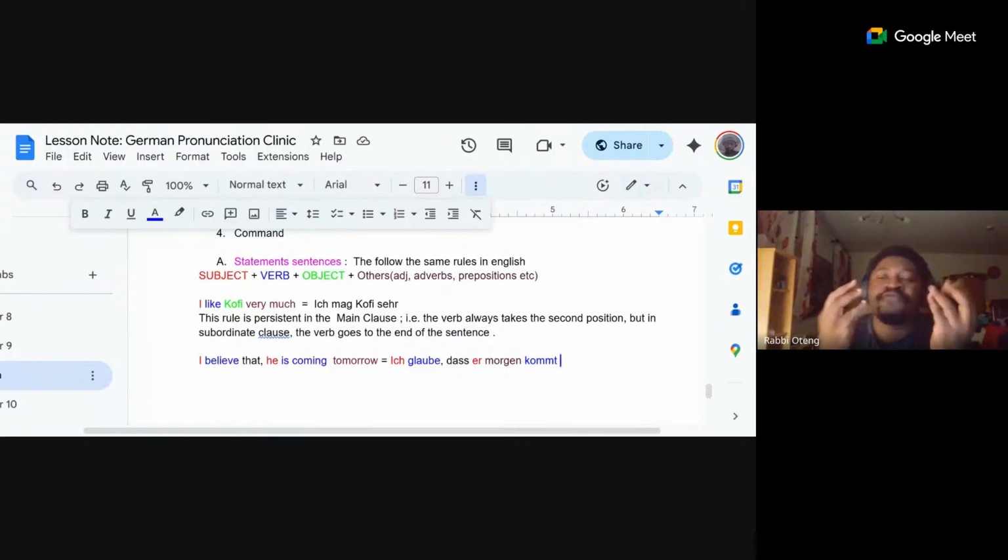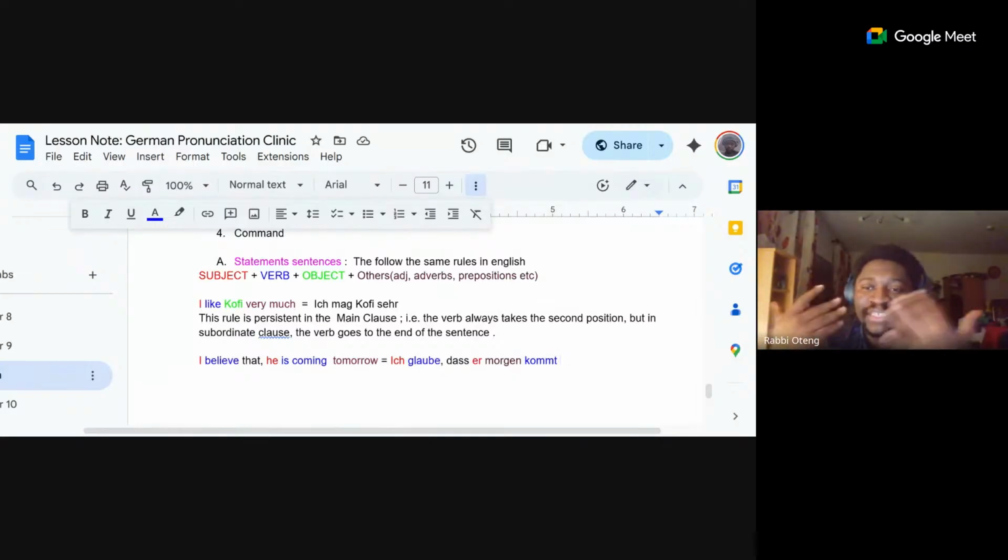Most of the sentences we make in conversation are statement sentences. Like, "Oh, he's coming. I don't know what he said." So in German, just remember we have a main clause and a subordinate clause.